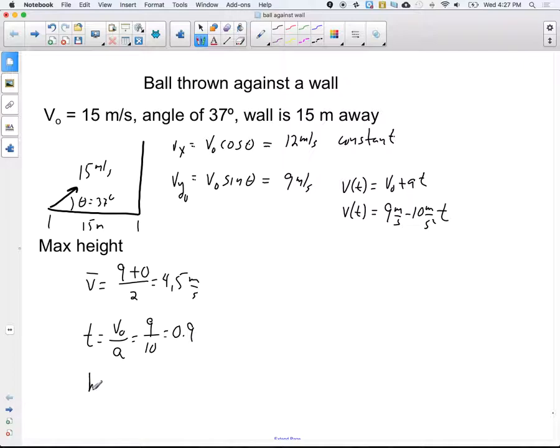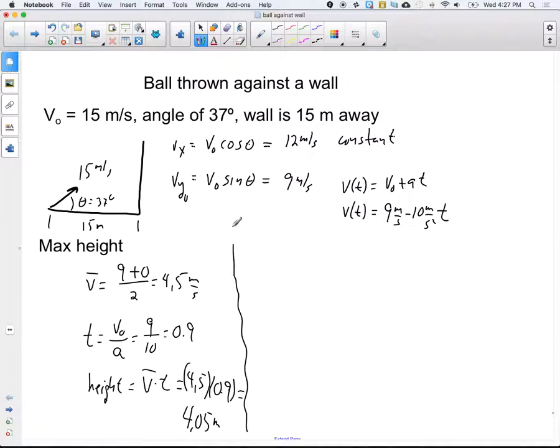So the height is equal to v average times t, 4.5 times 0.9, which is 4.05 meters.